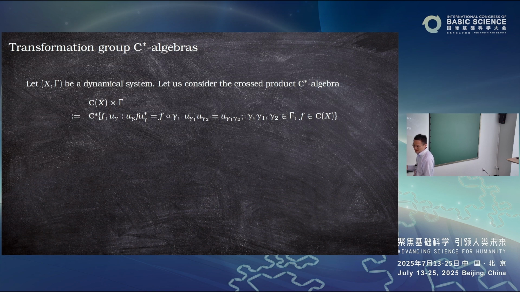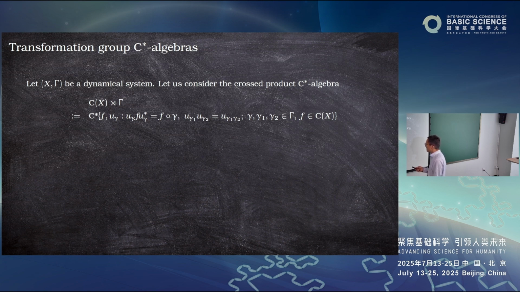A unitary is like a unitary matrix. You satisfy the relation U star U equal to U U star equal to identity. This copy of the group is actually a group representation. You look at U gamma 1 times U gamma 2, you get another unitary, and it turns out to be exactly the unitary corresponding to gamma 1 times gamma 2.